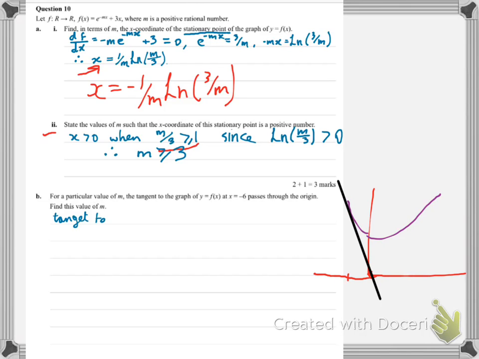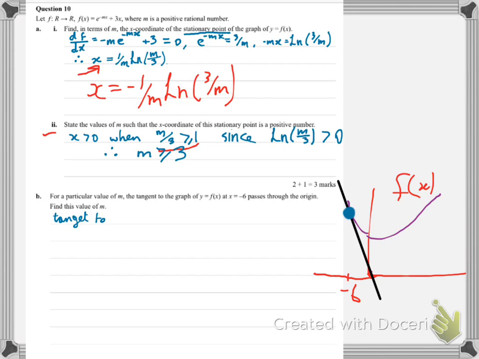So that's essentially what the question is depicting at some point, and that point is when x is negative 6. Our job is to find the value of m in the function f of x for that situation to occur.